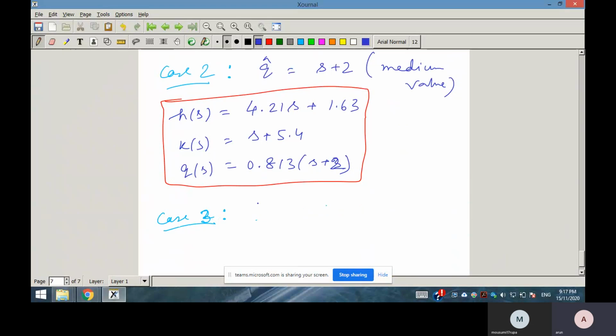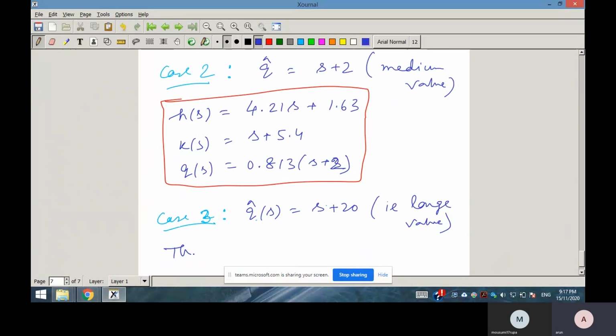I will choose Q hat S equal to S plus 20, that is a large value. That means 20 is now large, far away from the imaginary axis. In that case, what will happen?